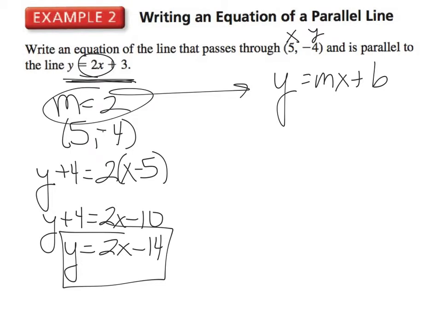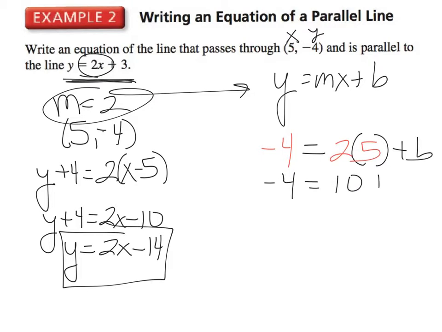So I get -4 = 2 multiplied by 5, plus b, which is what I need to find. If I solve this, I get b = -14, and with the slope, which is 2, I get the same answer. Either way is an acceptable way to write an equation.